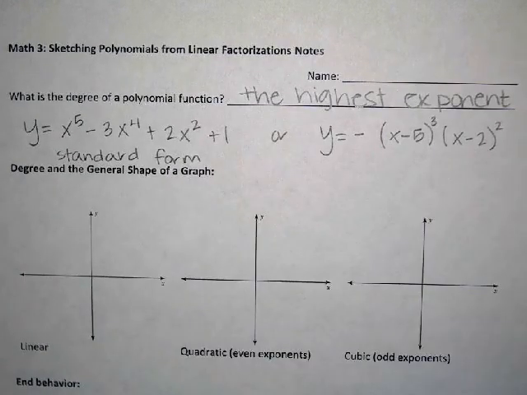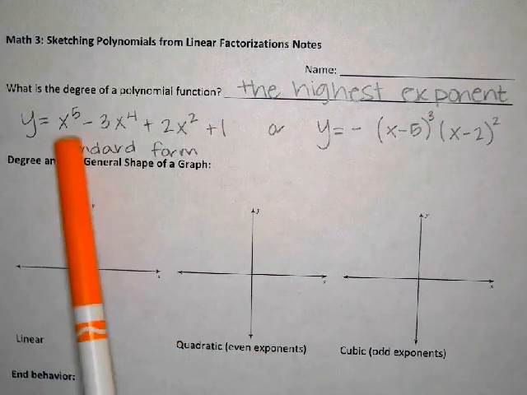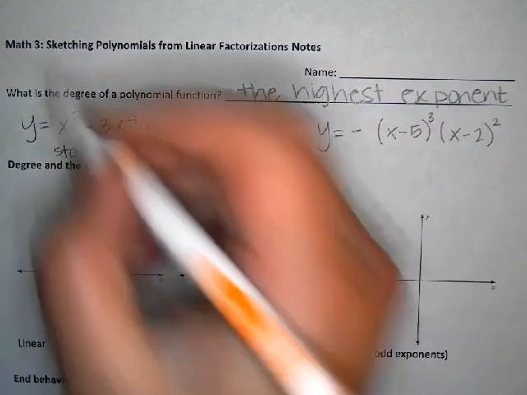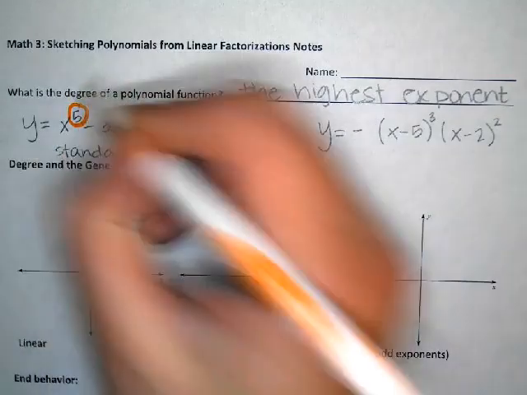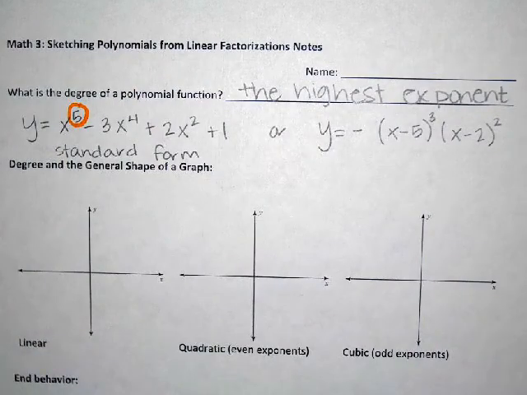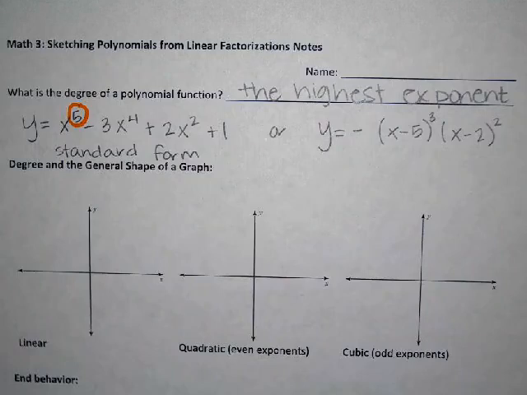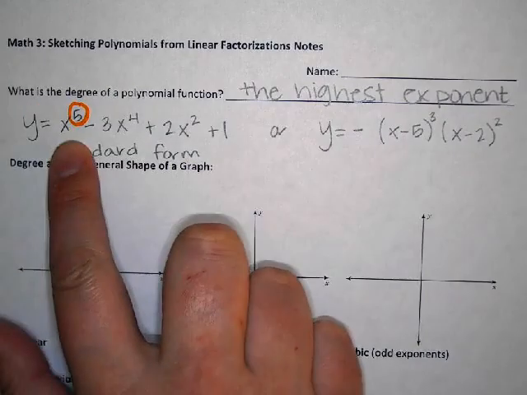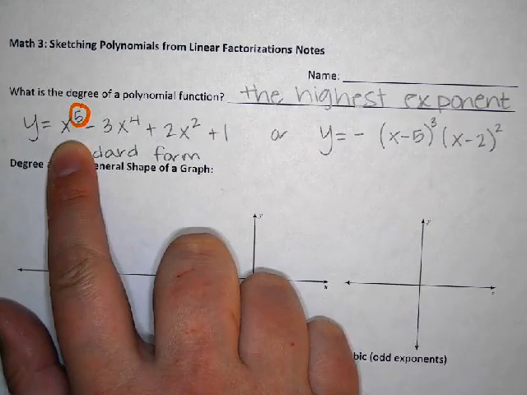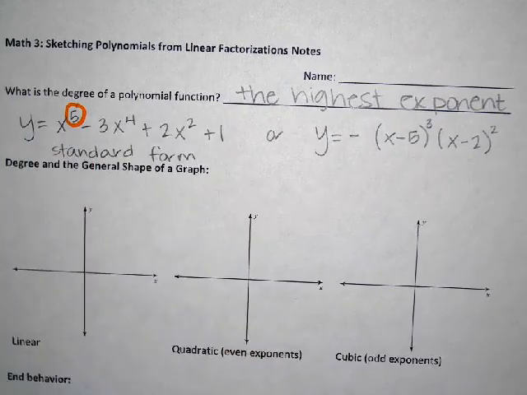When you deal with the standard form, it's all kind of expanded out, and you just look with your eyes and you can see what the highest exponent is. It's really easy to recognize. Typically, the highest exponent is the very first exponent in the problem, because we usually write the exponents in decreasing order. Usually the highest one goes first, and then they go down from there. But sometimes they could put the problem out of order, and then the highest exponent would be somewhere else in the problem. You just have to look for it.